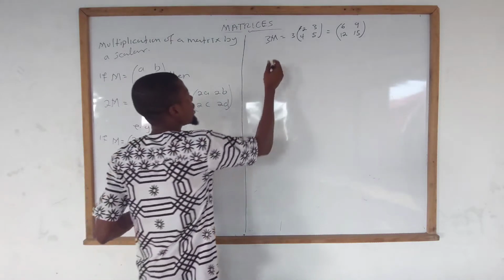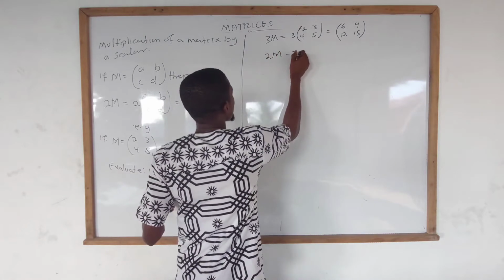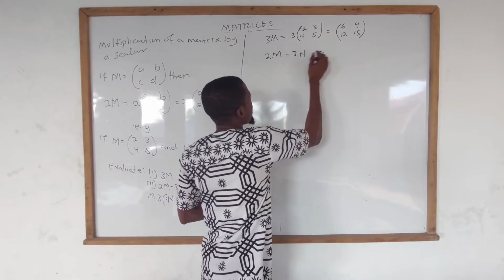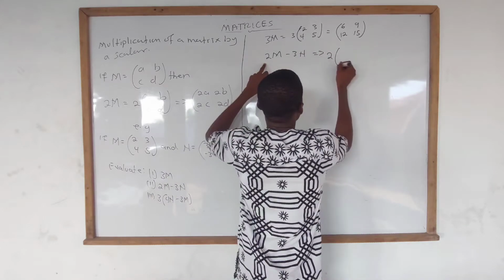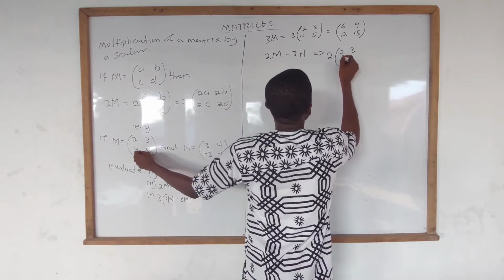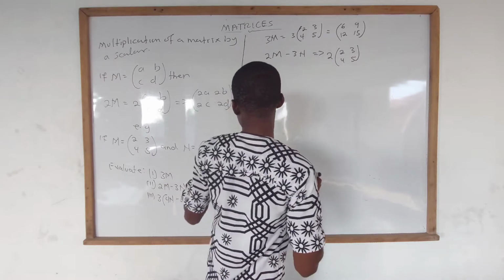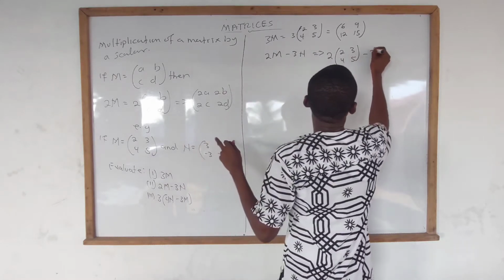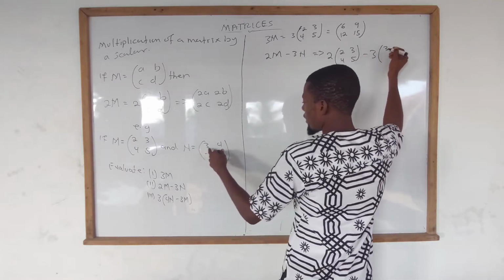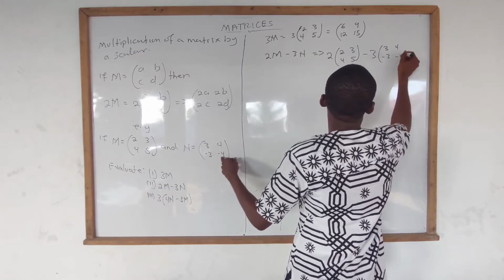The second one says we should find the value of 2m minus 3n. Simplifying, this means 2 times the entries of m, which are 2, 3, 4, 5, and 3n means 3 times the entries of n, that is 3, 4, minus 3, and minus 4.